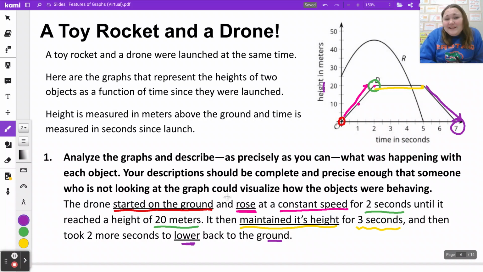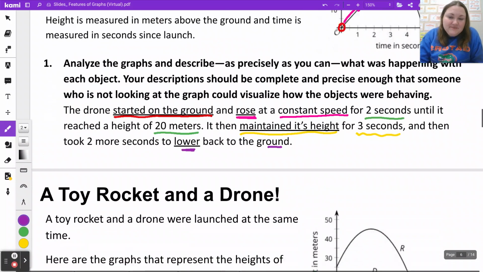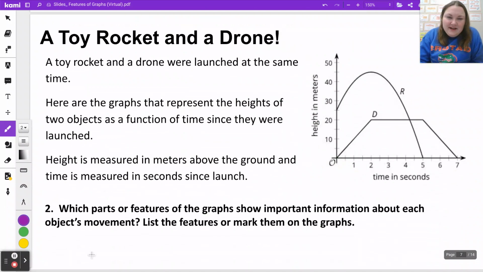Like I said, this is just one example of how you could have worded it. What the hope is after looking at these two graphs and these two descriptions is this part right here. When you're looking at these graphs of these functions, what parts of the graph or what features of the graph show the most important information?